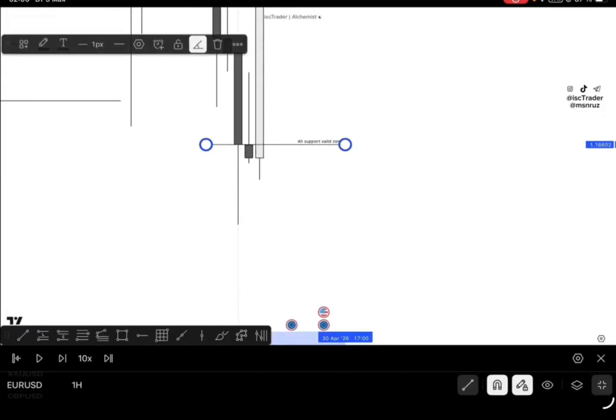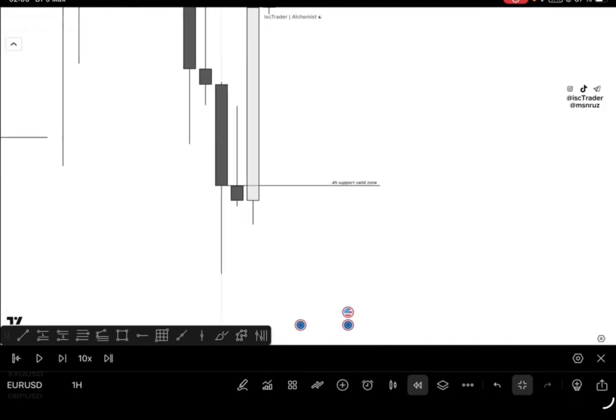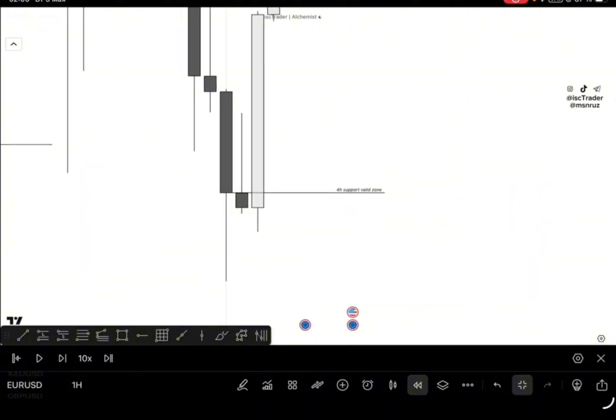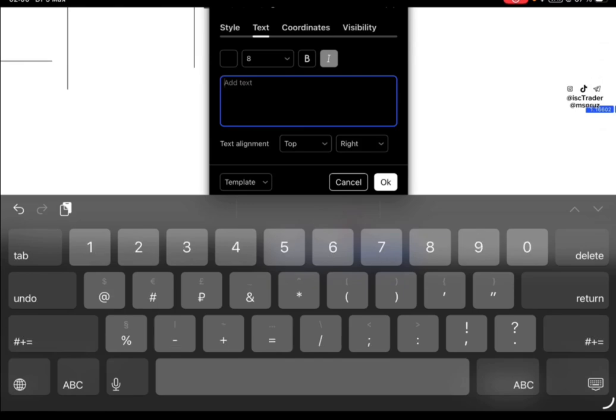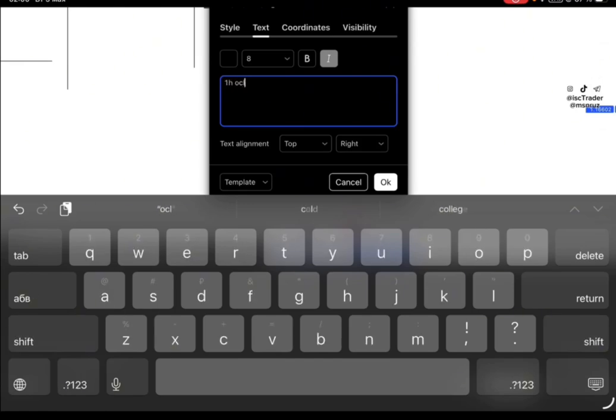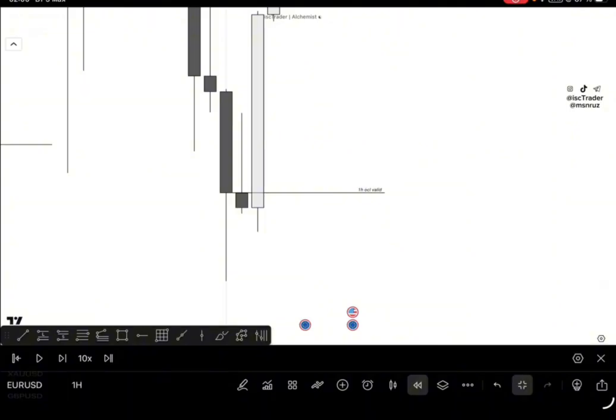On the 1-hour OCL, that is the open candle level, valid. Okay. Our zone looks valid on the 1-hour chart as well.